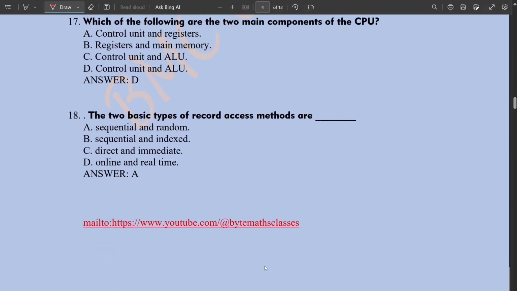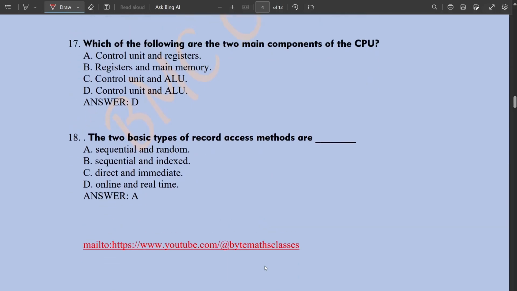Next, which of the following are the two main components of the CPU? We know the major components of the CPU are 3. So which two are given here? The control unit, CU, and ALU.